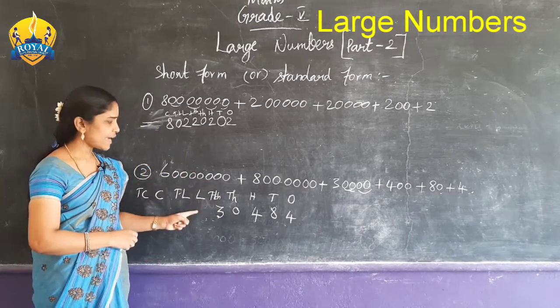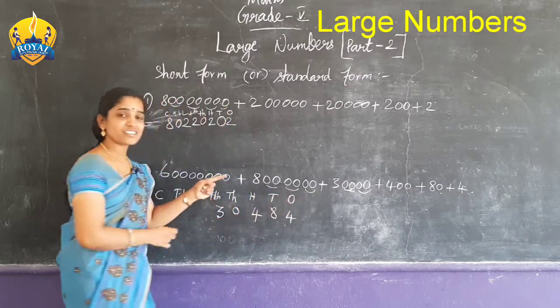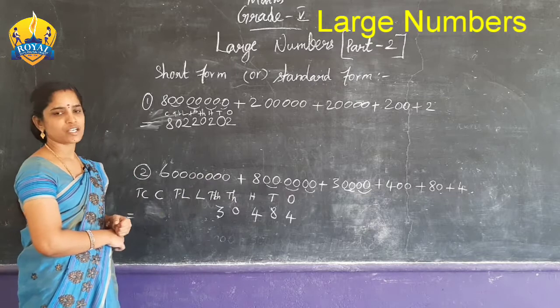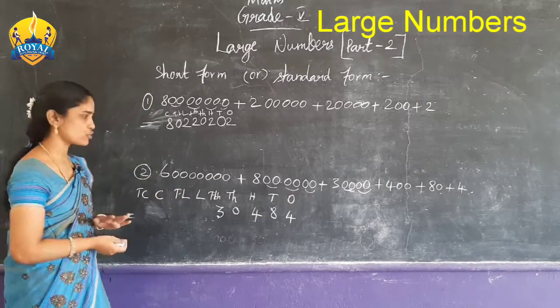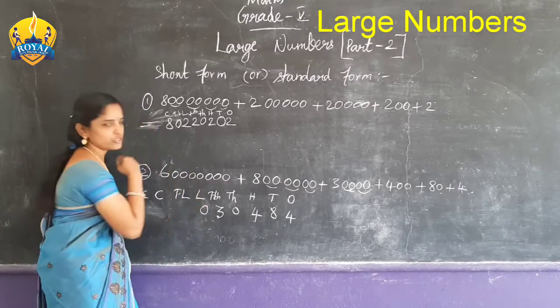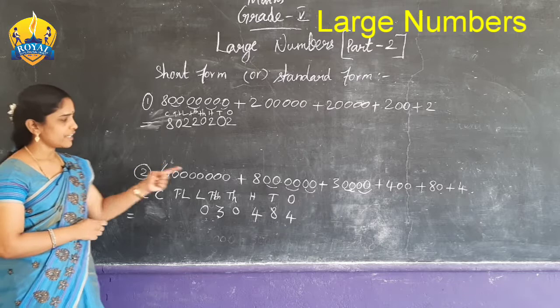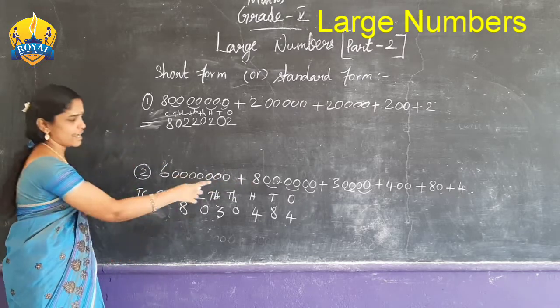What number in the lakh place? Here 2, 4, 6. This is the 10 lakh number. Lakh has 5 zeros, so no number in the lakh place, so we put 0. The next one is, yes, very good, 8, 10 lakh.